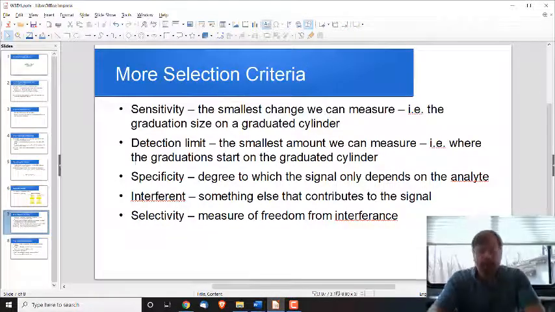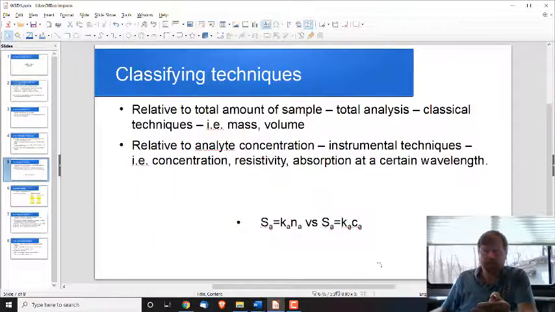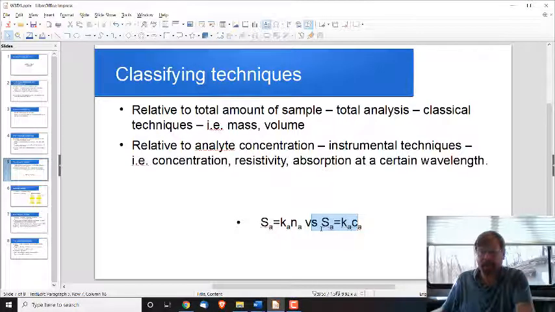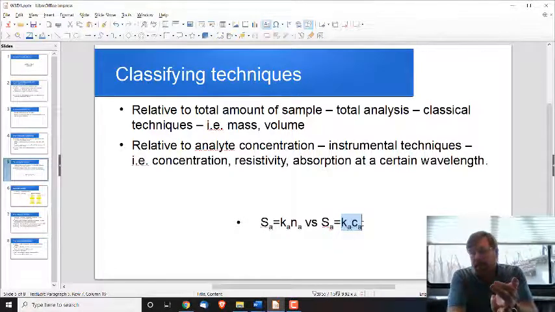So now next we have specificity. That is the degree to which the signal only depends on the analyte. So if we look back to this equation here, it's possible that our signal here is equal to a coefficient times the concentration of our analyte, plus maybe another coefficient times the concentration of something else, plus another coefficient times the concentration of something else.